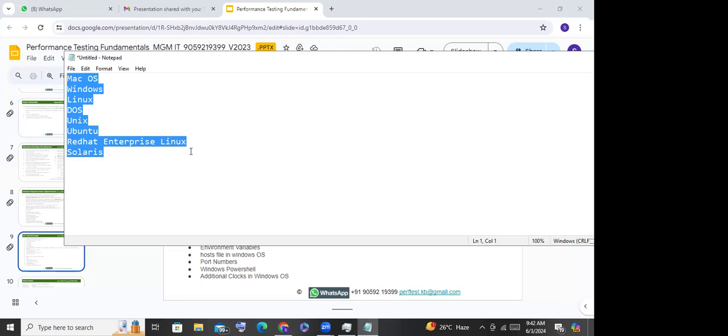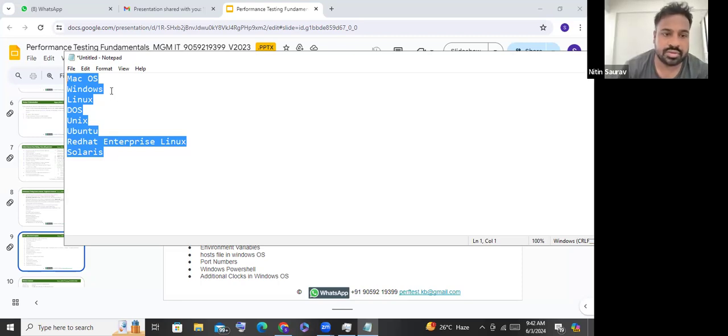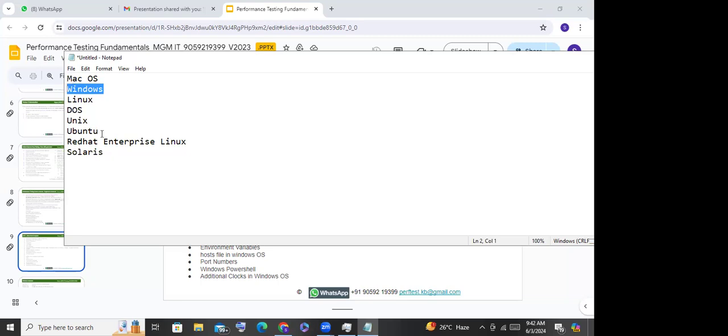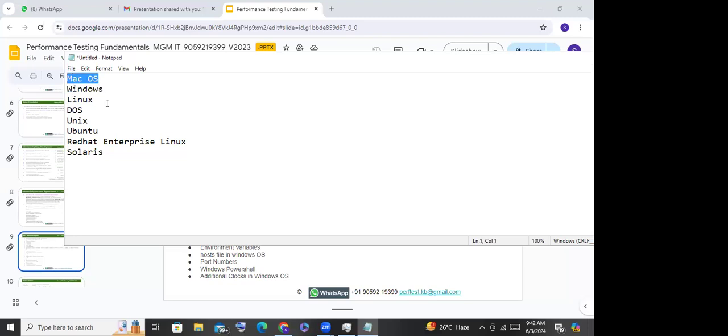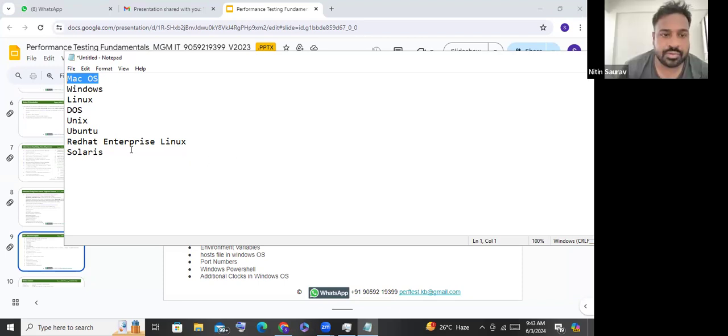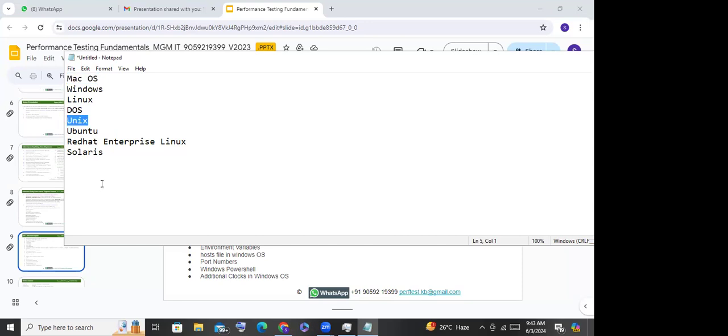Now, what is the most famous operating system that is out there? Windows, right? Most of us would use Windows. After that, Mac OS. There are a lot of people who also use Mac OS. However, guys, when you go into the servers world, you would see that Linux is the most famous operating system. Most of your servers, that is your applications, would be deployed on the Unix operating system.